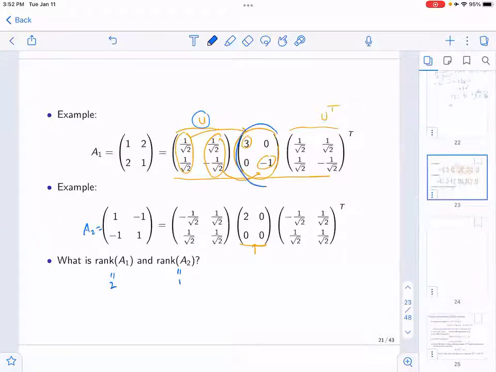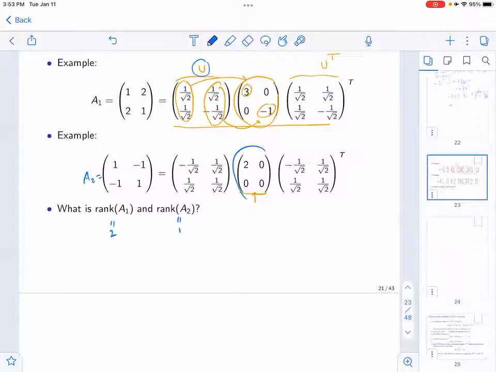So for example, this matrix is not positive semi-definite. It's symmetric, but the eigenvalues of a diagonal matrix are just the diagonal elements, and one of them is negative, so this is not positive definite. And this one is positive semi-definite, so PSD, but not PD.